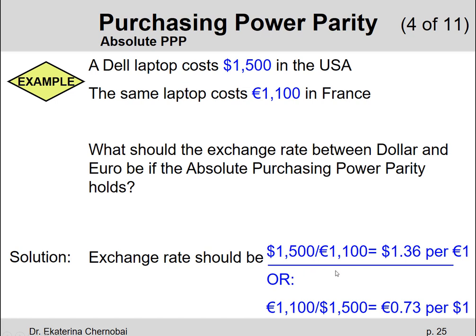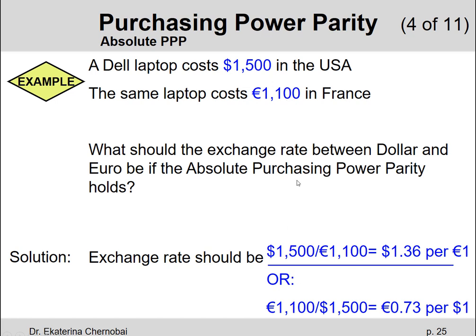If you instead want to express the exchange rate the other way around, how many euros it is per $1, then you divide both $1,500 and 1,100 euros by 1,500, which is how you would be left with $1.